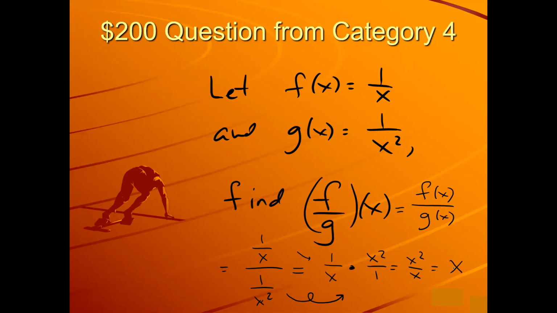It can't be 0. So when we do this process, that's the answer, and then we put a little comma saying that x cannot be equal to 0, because it could not be 0 in the first place.